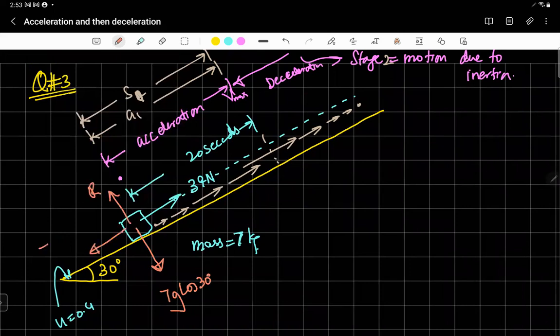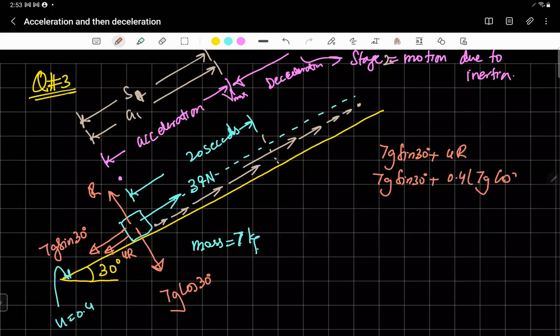And this is 7g sine of 30 degree and mu R. Can you calculate the value of 7g sine of 30 degree plus 0.4 into 7g cos of 30 degree?